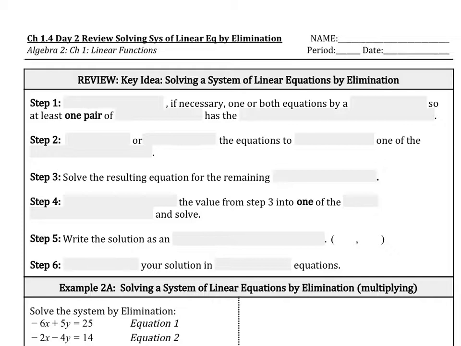So just to go over these steps, step 1, you're going to want to multiply, if necessary, one or both equations by a constant, so that at least one pair of like terms has opposite coefficients.